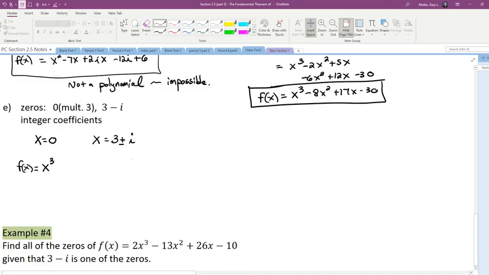And then my other factor is going to be a quadratic. Once again, let's recreate or undo the completing the square. Let's just move the 3 over. Let's square both sides. And i squared is negative 1. And move that 1 over.